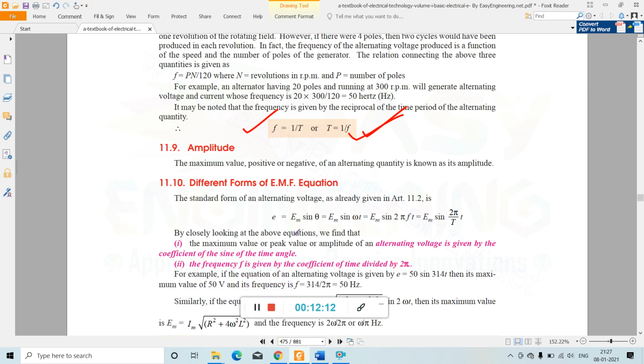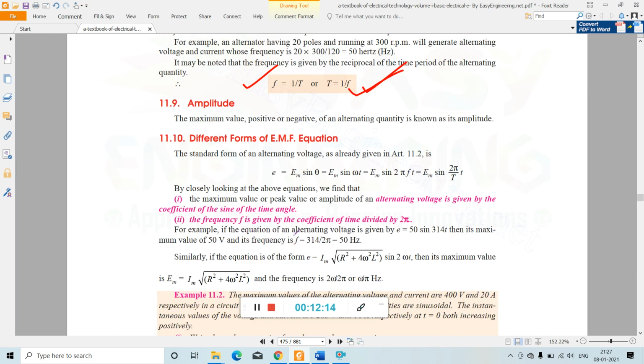And the next one is the amplitude. What is amplitude? The maximum value, positive or negative, of an alternating quantity is known as its amplitude. See, if our sinusoidal waveform is like this, the maximum or peak point is this one.